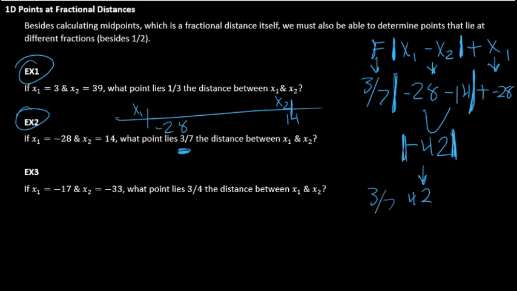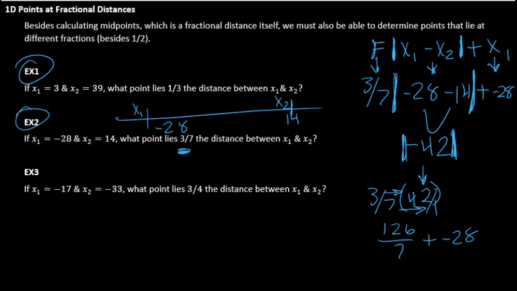And then we're going to multiply that by 3/7. And again, to multiply a whole number and a fraction, you just put the whole number over 1. The way you multiply fractions is top times top, bottom times bottom. 3 times 42, that'd be 126 over 7, and then plus our starting point, negative 28.